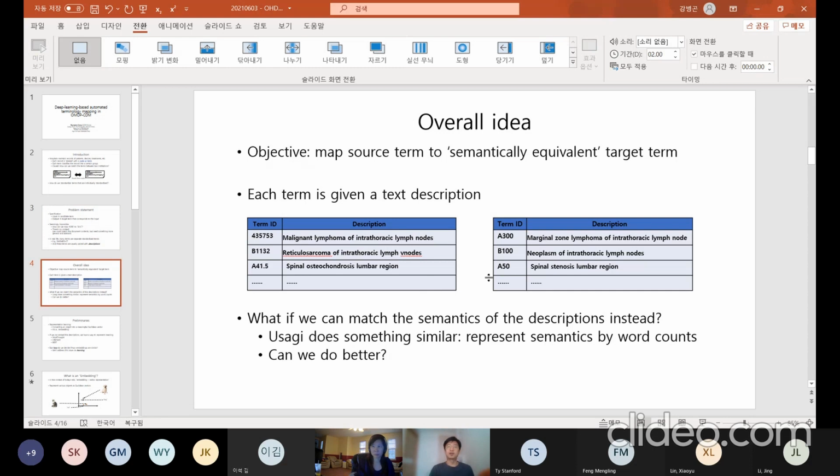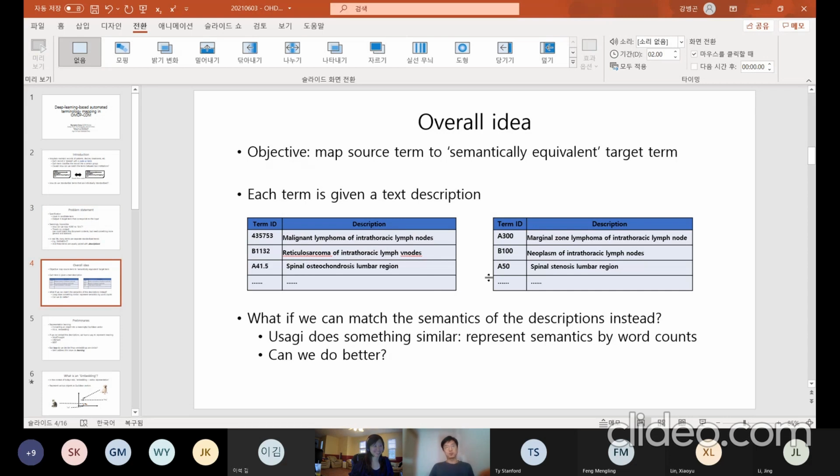In other words, we can try to map one code to another code that has a similar description in terms of semantics.